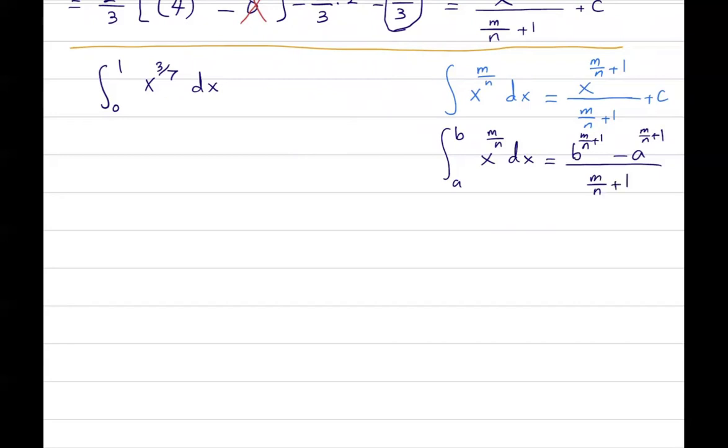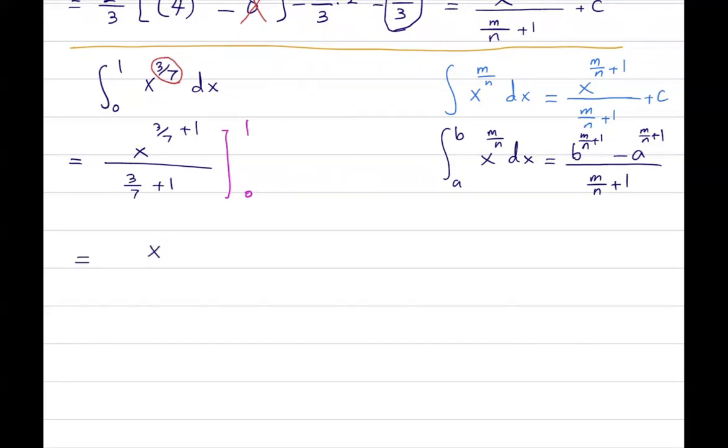This is the same process for our exponent here, 3 over 7, and then following the formula, this becomes x to power 3 over 7 plus 1 divided by 3 over 7 plus 1, and then you just substitute 0, substitute 1, you'll find the difference between them, then you're done.